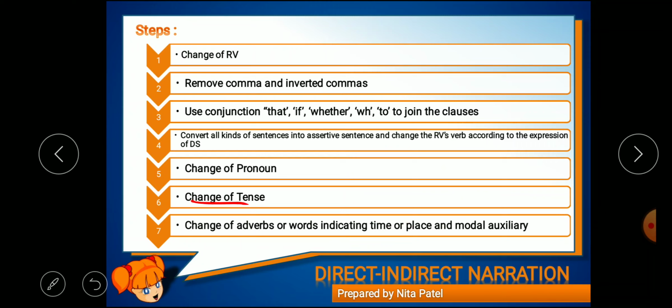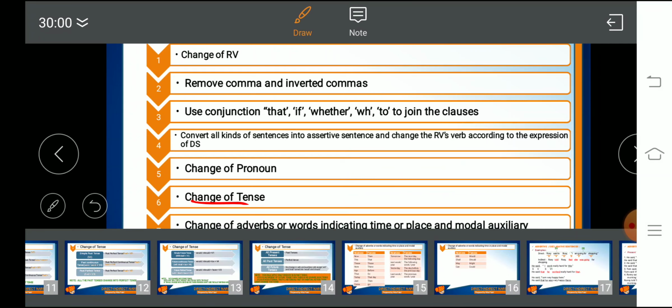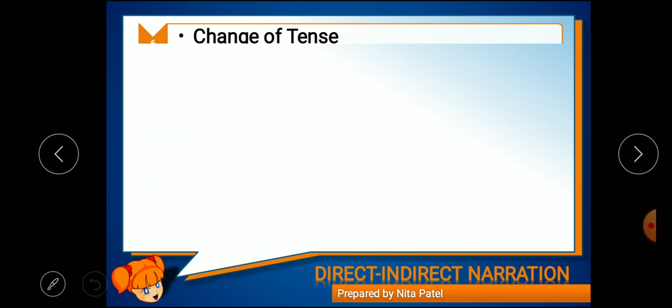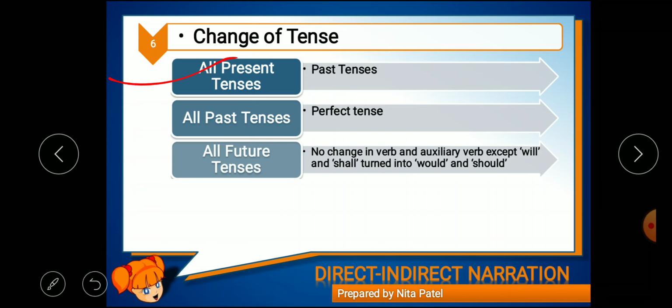Now change of tense. Again, I have given you the shortcut for that. Here you can see that all the present tenses will convert into past tenses. We are talking about the direct speech. Do not change the RV's tense, right? Do not change the RV's tense.